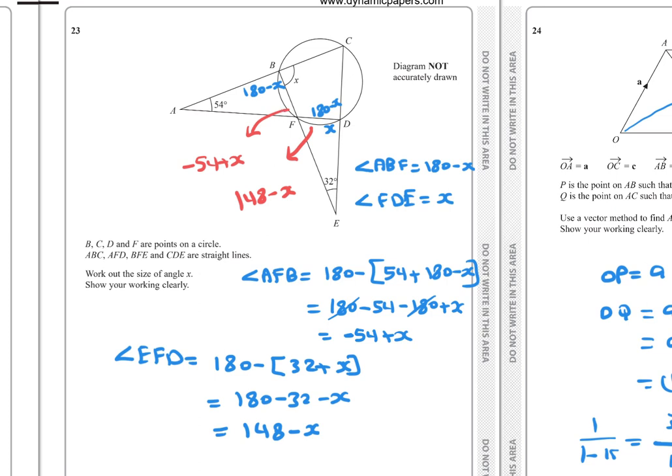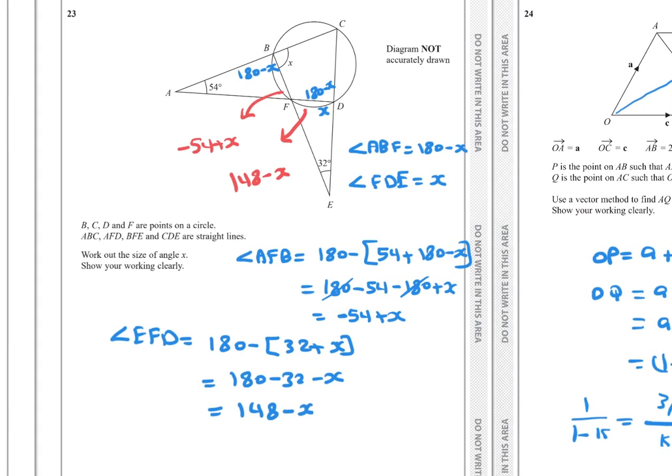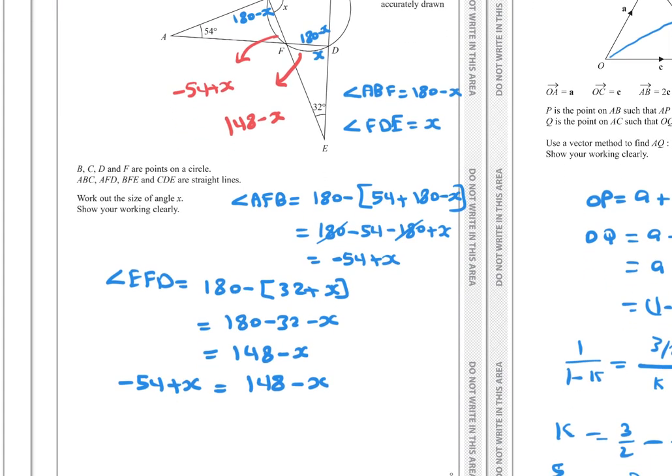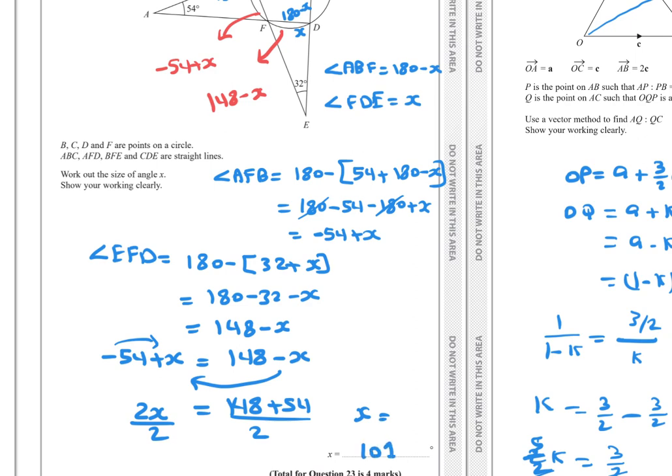Now because this angle equals that one, vertically opposite angles, you can deduce that negative 54 plus x equals 148 minus x. Now transpose negative x to the other side by positive, so x plus x, which is 2x, and transpose negative 54 to the other side by positive, so 148 plus 54. Then divide by 2 to find x. So x equals 101 degrees.